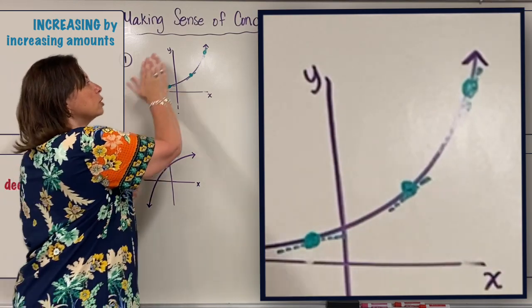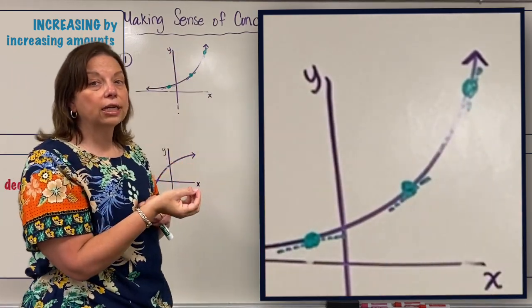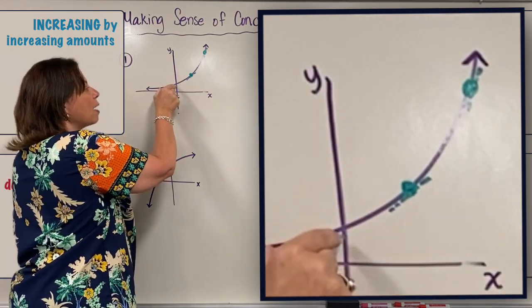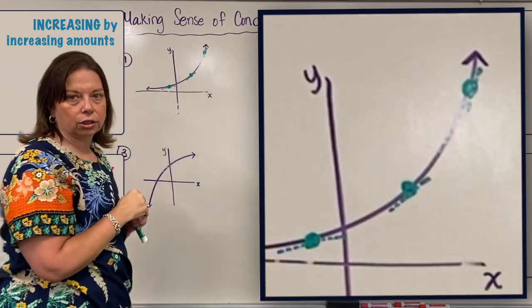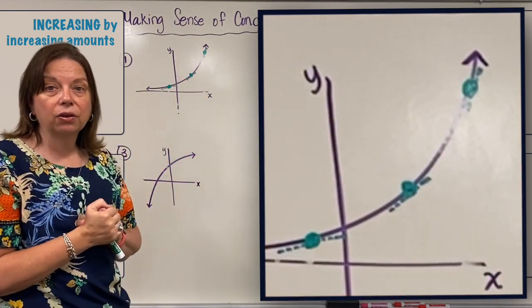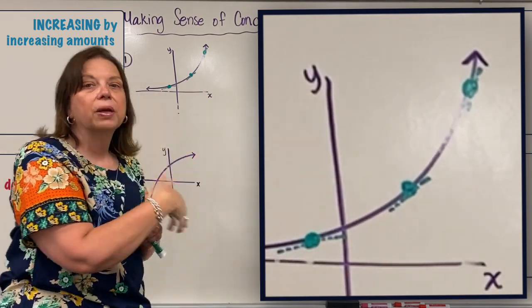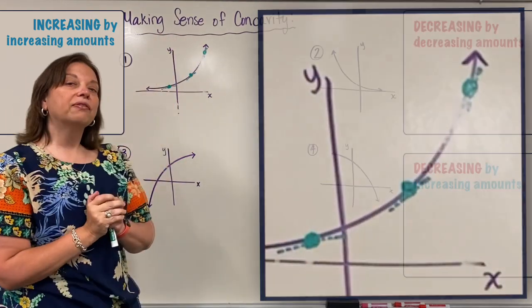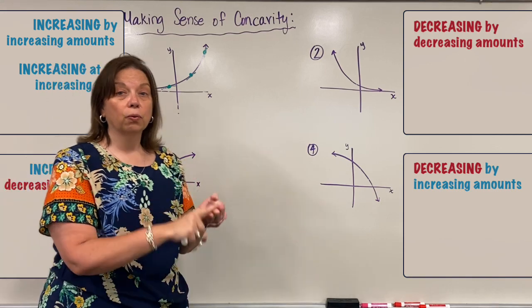So what we would describe here in terms of the rate of change is certainly that the rate of change is positive. And as I move through this graph, that rate of change is getting larger and larger. It's increasing in value. The tangent line itself and its slope is increasing in value. So we would categorize this entire graph now as increasing at an increasing rate.